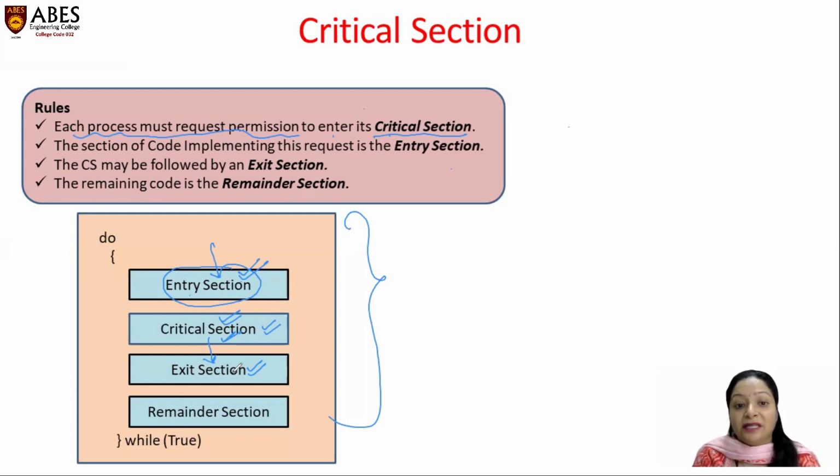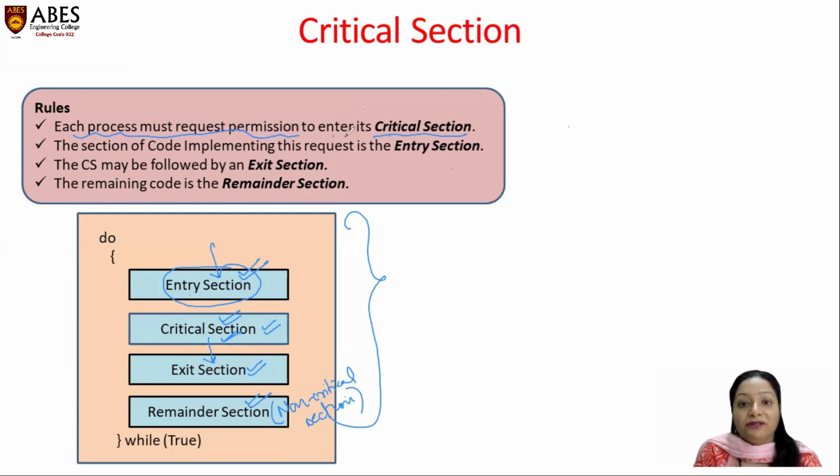Any other process can request permission to enter into the critical section. The remaining section is basically the non-critical section area where some general instructions are written, like printf and scanf instructions. So this is the very important structure when we understand the concept of the critical section problem.